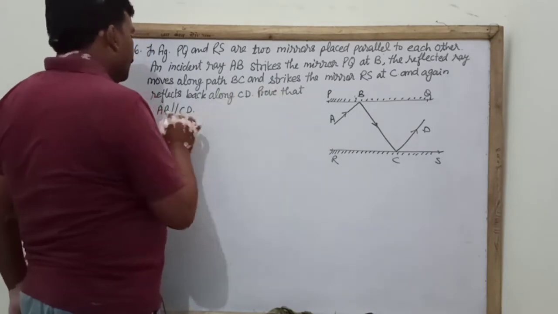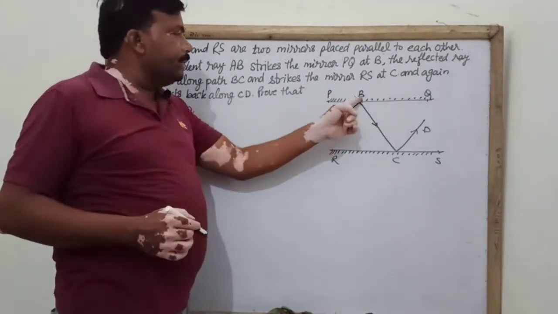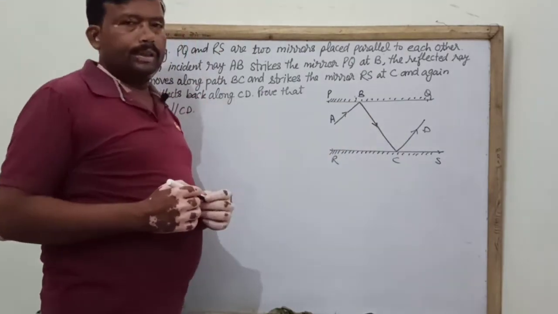Then prove that AB is parallel to CD. Means we have to prove this, AB parallel to CD.